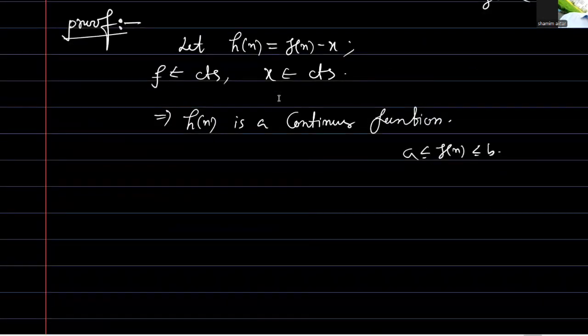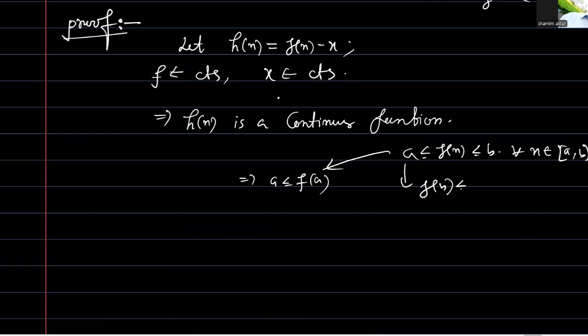So for all x belonging to [a, b], this implies a is less than or equal to f of a, and also f of b is less than or equal to b. Okay, now h of a is equal to f of a minus a.